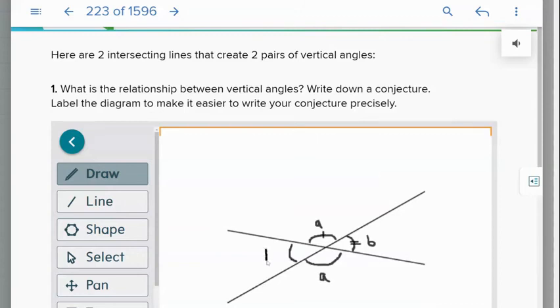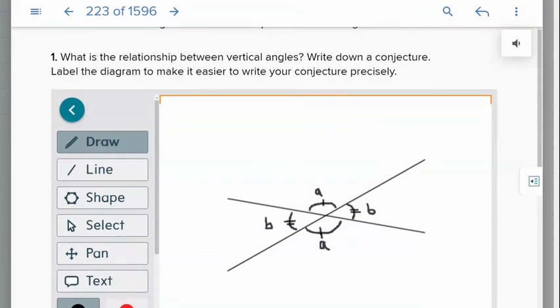I don't know if you've already learned about vertical angles, but vertical angles are angles that are across from one another. When you have two intersecting lines, vertical angles means that they're congruent to one another, they have the same angle measurement.